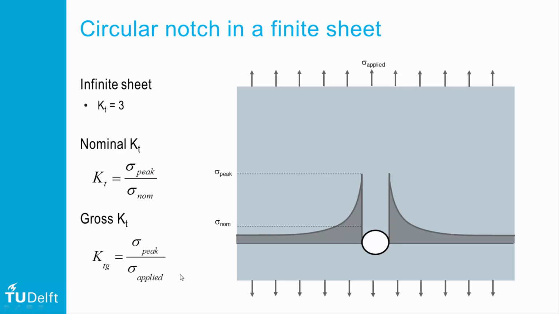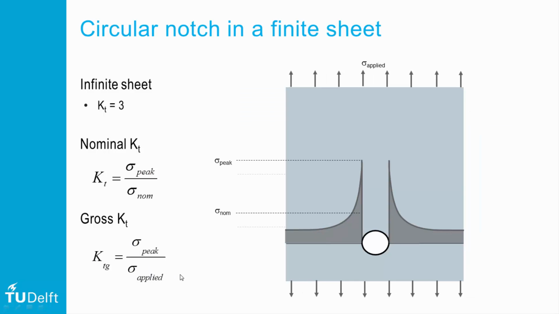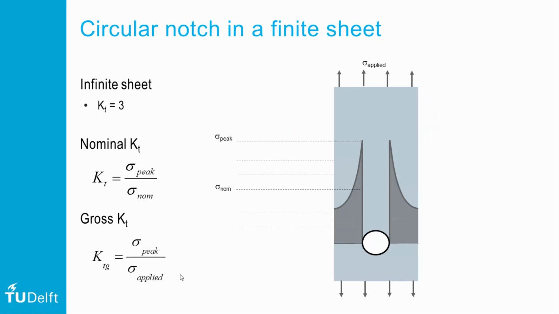Now if I reduce the width of this plate, then obviously both the nominal stress and peak stress go up. That means if I divide the peak stress by the increasing nominal stress, the effective stress concentration factor, which is the nominal Kt, is reducing. But if I divide the increasing peak stress by the original applied stress, then obviously the gross Kt is increasing.